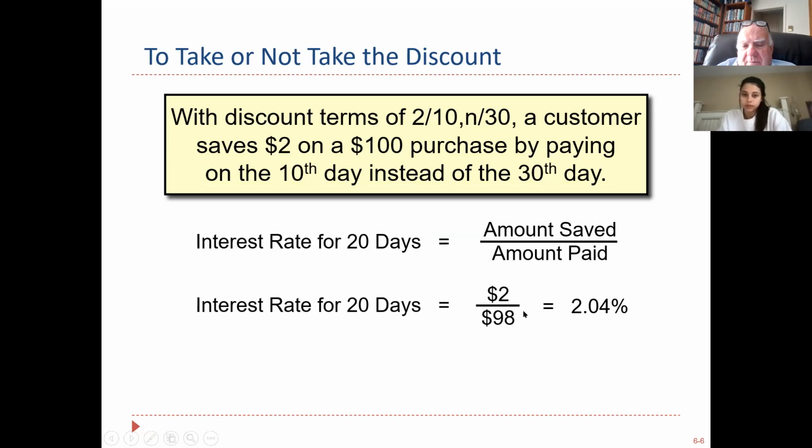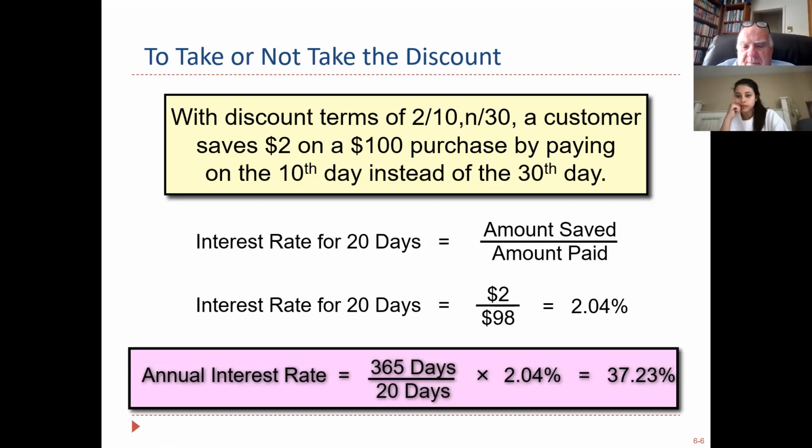$2 divided by 98, because that's what you're actually paying, is a little over 2%. It's 2.04%. That means that every 20 days, you're earning 2.04%. How many days in a year? 365.